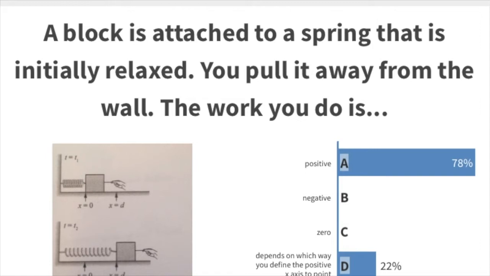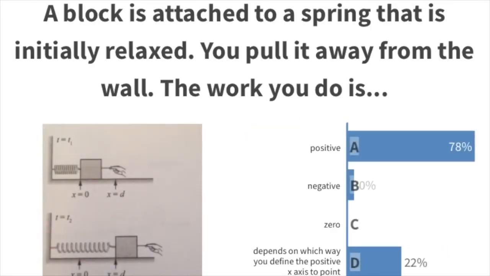What happens if we have a different situation? I guess it was active because I didn't actually put the check mark of which the right answer was. So the correct answer for this one, the work you do on it is positive because the block moves in the direction of that force.